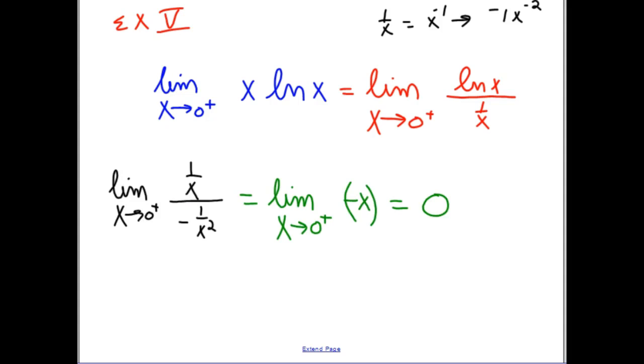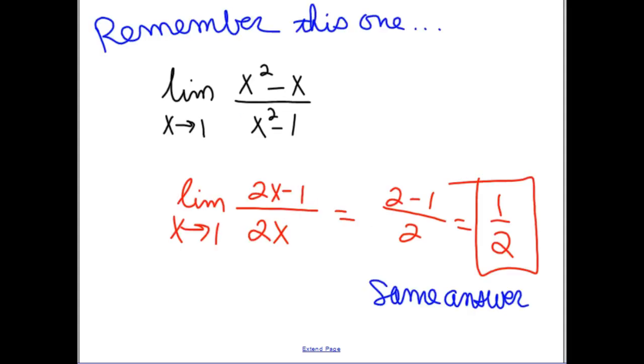So the limit is 0. You take a deep breath there. The trick of what this particular example was about is recognizing that even though that's not a quotient, I can rearrange it and make it a quotient, and then apply L'Hopital's rule to it.